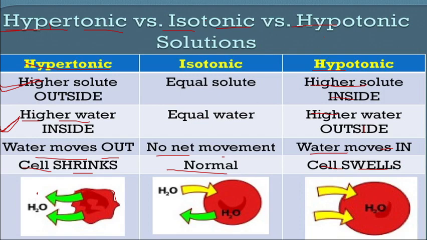Inside of this particular cell there is a higher amount of water. But outside here, there is lower amount of water. Because you know that water will move from where there is much more to where there is little water at all.